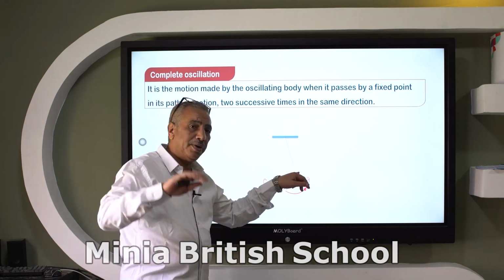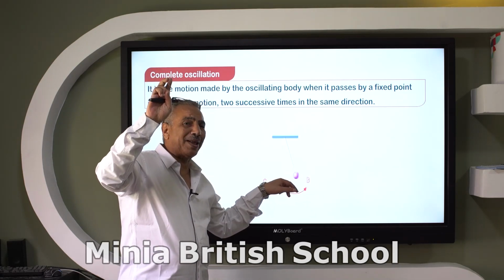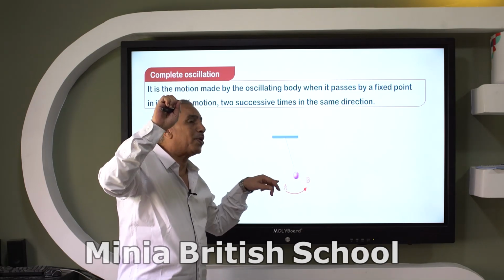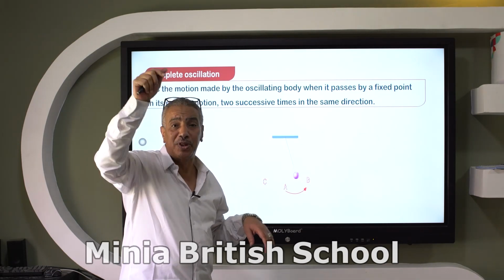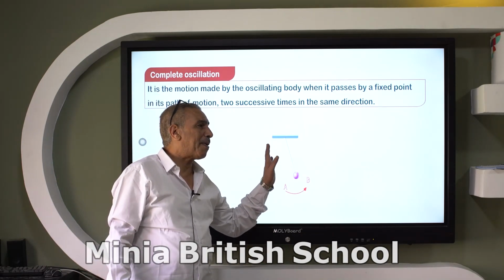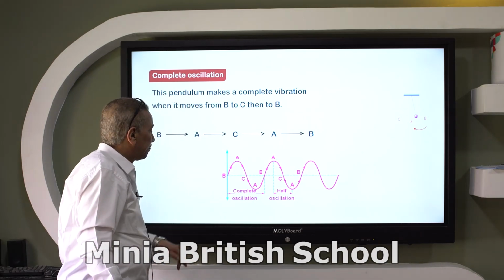From A to B, the first displacement. From B to A, the second displacement. From A to C, the third displacement. From C to A, the fourth displacement. In this case, I can say this oscillating pendulum made one complete oscillation.